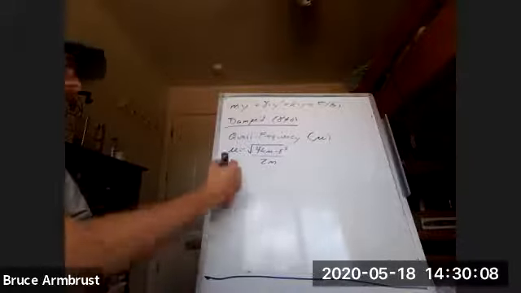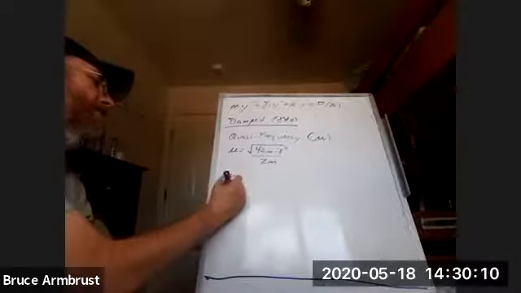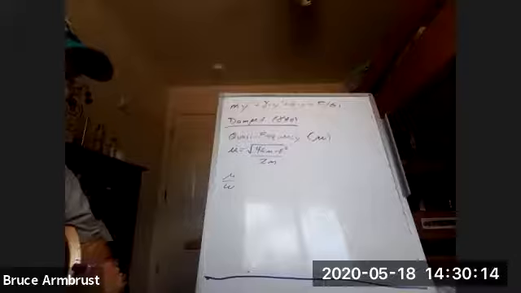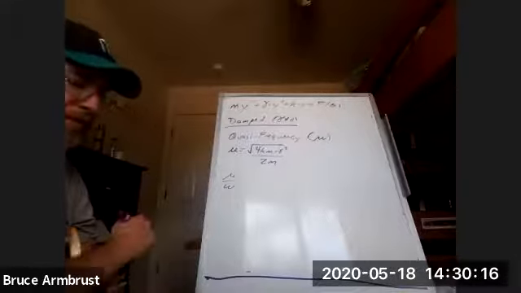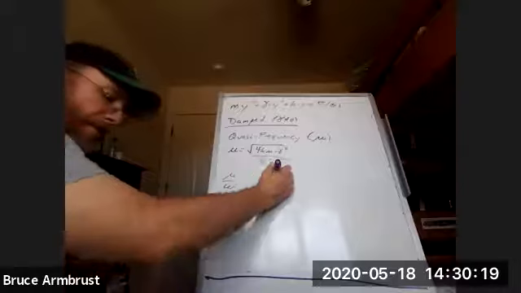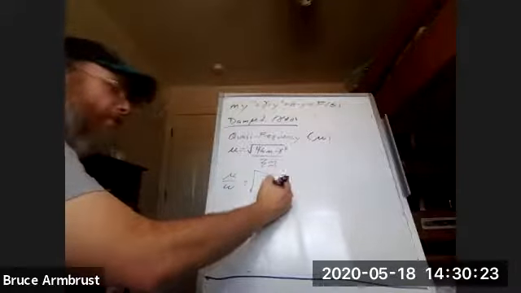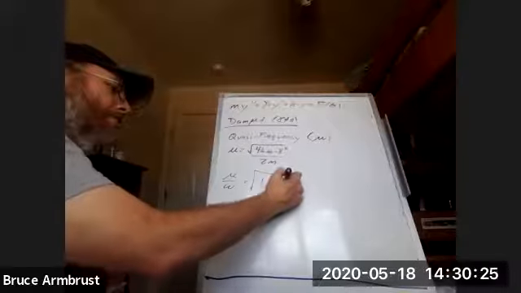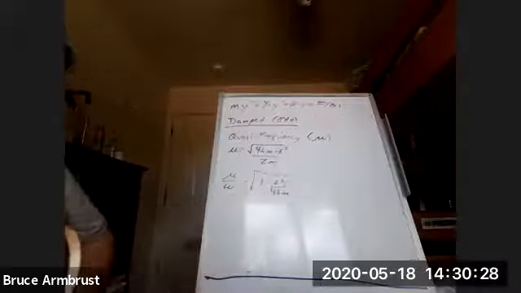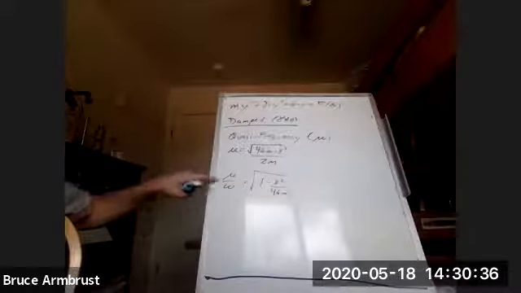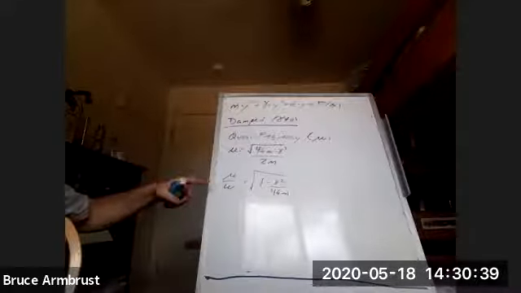But if you look at this and compare it to the omega for the undamped, so if you just look at the ratio of those things, this is the square root of 1 minus gamma squared over 4km. And the reason I wanted to show you this is because it shows you how the damping affects that period.